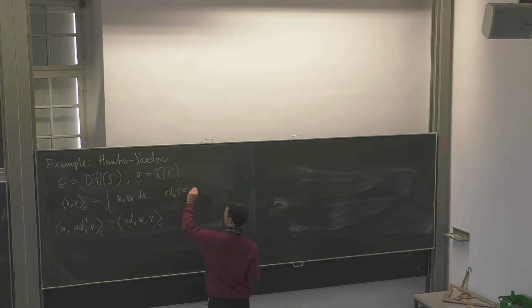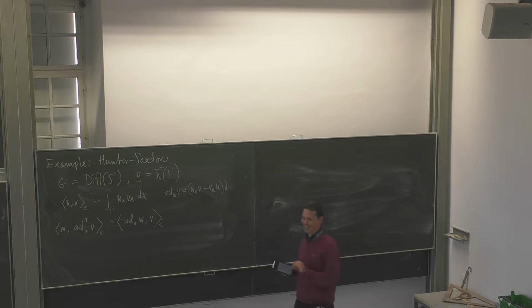It's just u_x v minus v_x u. Oh, there's a minus sign error.